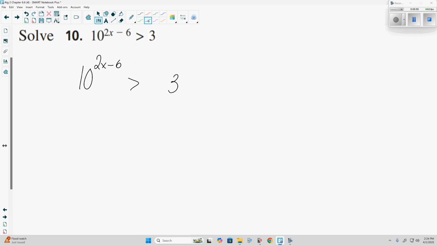Do we have one term on either side? Oh yeah, we have 10 on one. Even though we have the 2x minus 6, it's on the exponent. So that's fine. 3 is by itself.